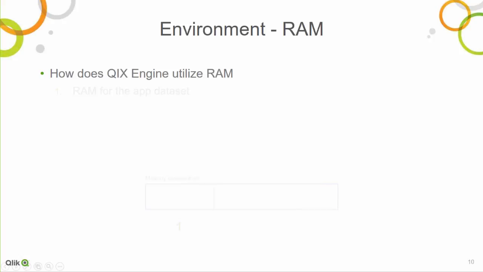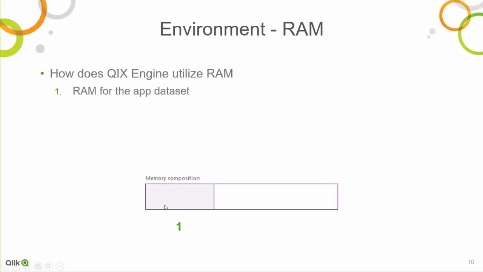In the Engine, there are three types of data that the Engine stores in the memory. The first type is the original data set from the app data model. That happens when you open up the app, and that will be loaded into the memory. The second type is the session state of all the users in the system. It keeps all the users' sessions.